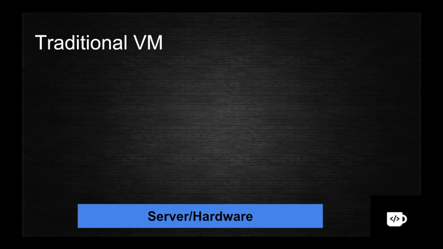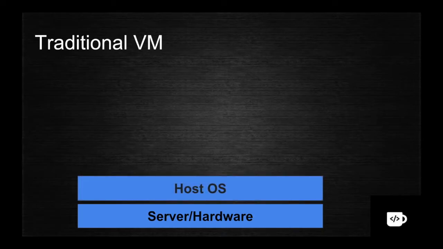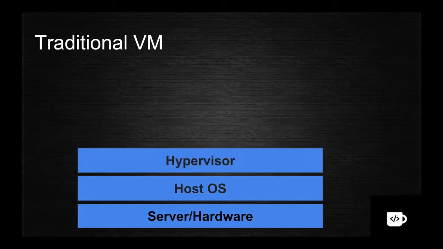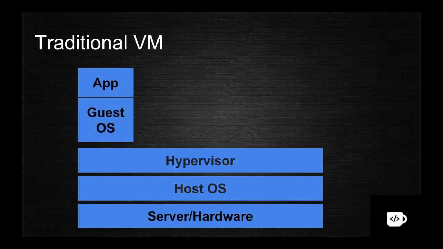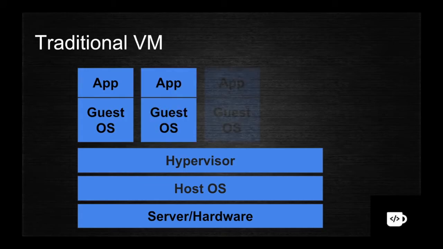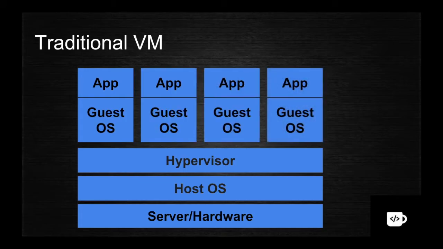In traditional virtualization, or the VM, we have a server or hardware, and then there is the host OS, which is the OS required for the server to function, and then there was the concept of a hypervisor. The hypervisor allows us to create virtual machines. The guest OS and the app are all in the virtual machine. So you can create n number of virtual machines and deploy your applications.